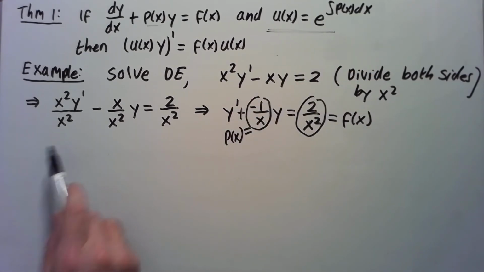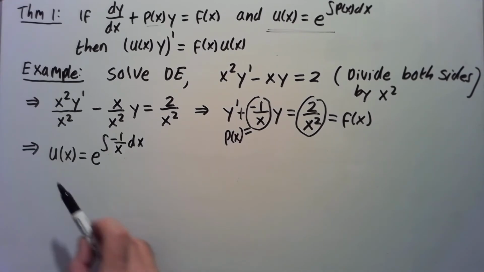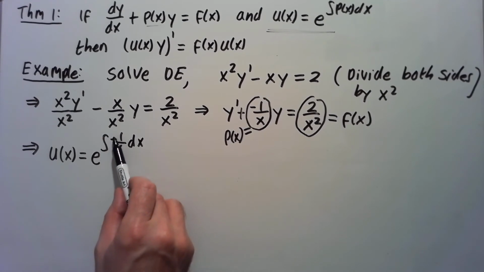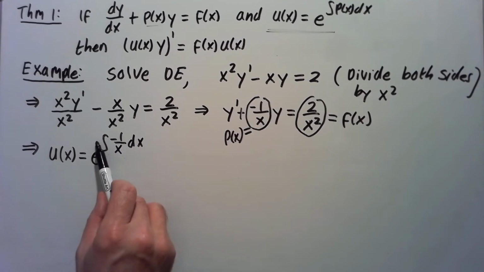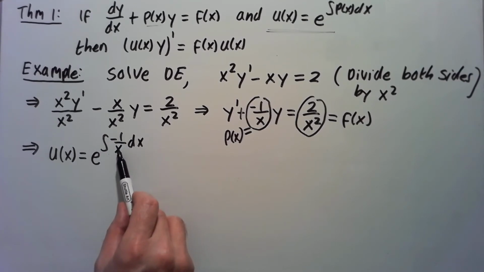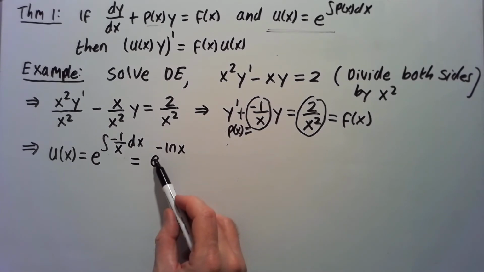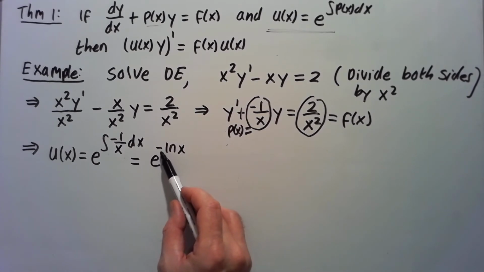Let's find our integrating factor, our u, now using this. Let me write it over here. So we'll have our u of x equals e raised to the integral of minus 1 over x dx. I can pull a minus sign out in front here, and the integral of 1 over x is ln. Then it will be e to the negative ln of x.